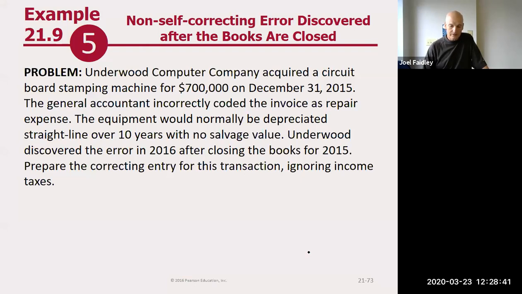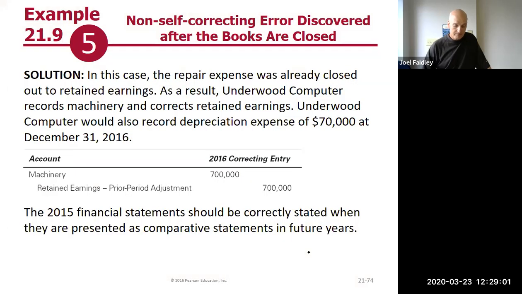All right, what if the books are closed? Here's an example: December 31, 2015, they discovered this error in 2016 after closing the books for 2015. So then we have an issue with going back. Ten years, no salvage, so that's $70,000 a year depreciation expense.